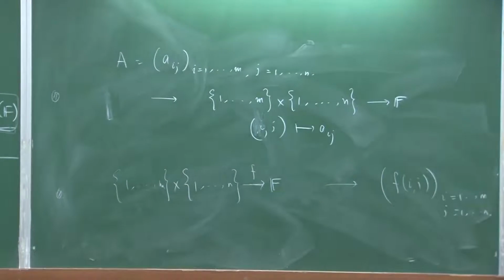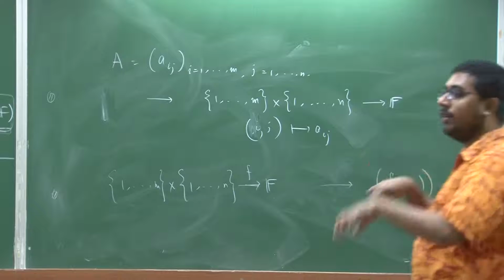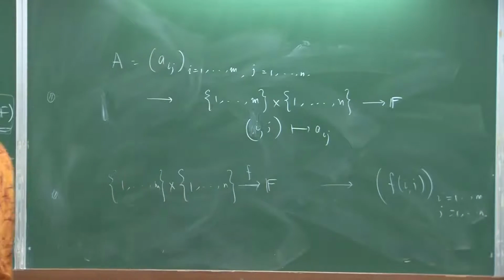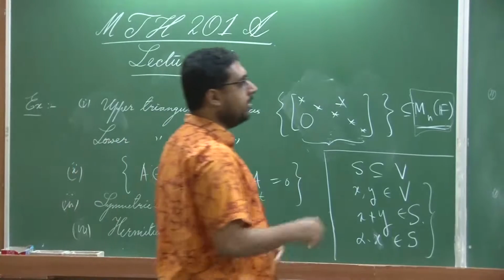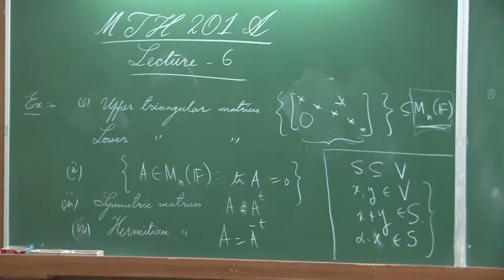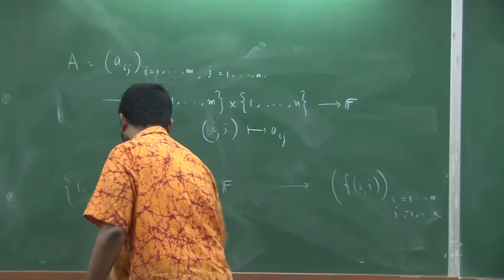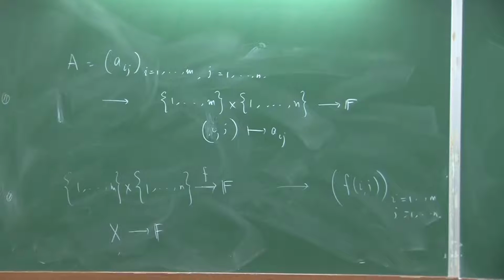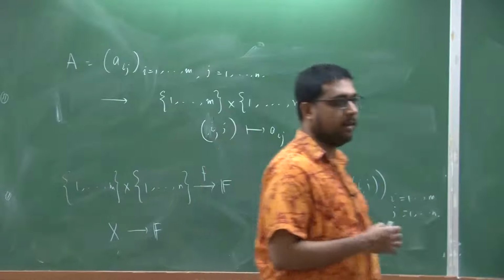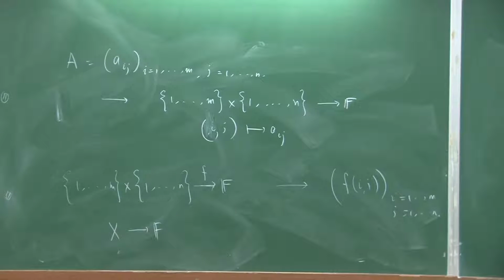So, the two main examples that we have discussed so far, though they look very different, actually both of them have a very similar pattern: both can be regarded as the set of all maps from a set X. In the first case the set was 1 up to n, in the second case the set is the Cartesian product. So, both of them have a very common pattern.